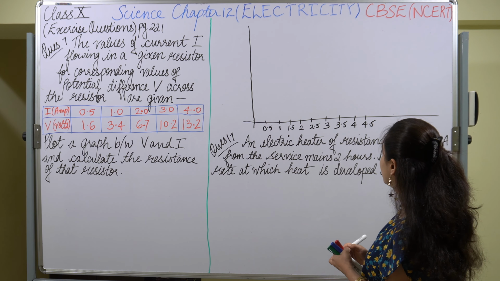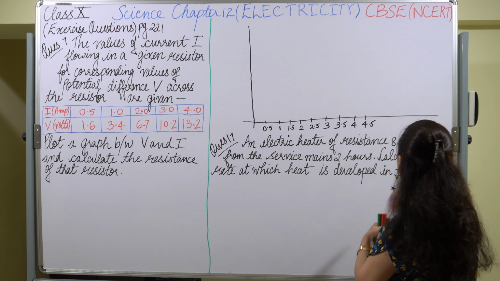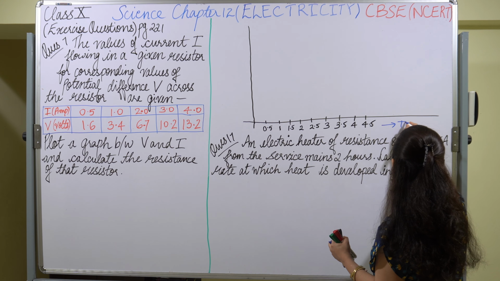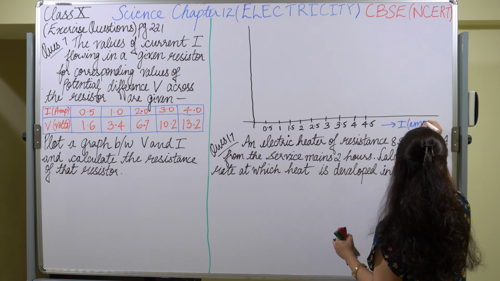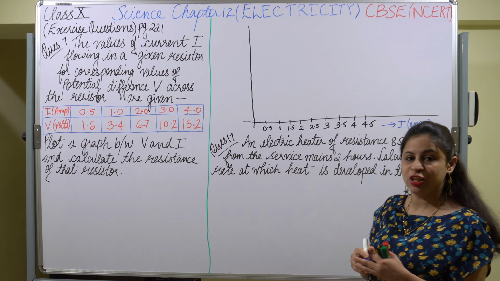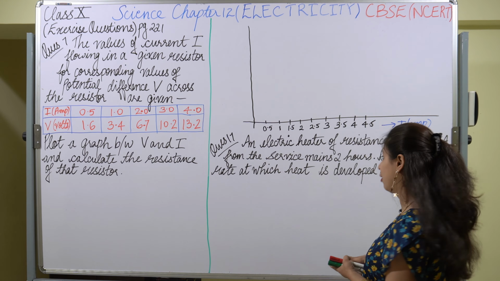So here we have taken our currents, which are given to us in amperes, because we have to plot the V-I graph.